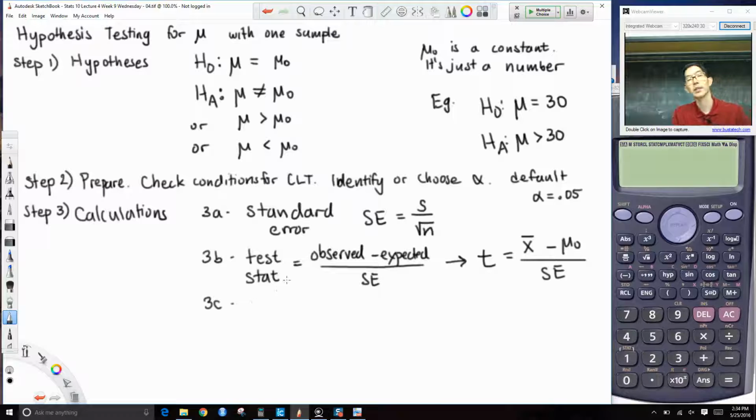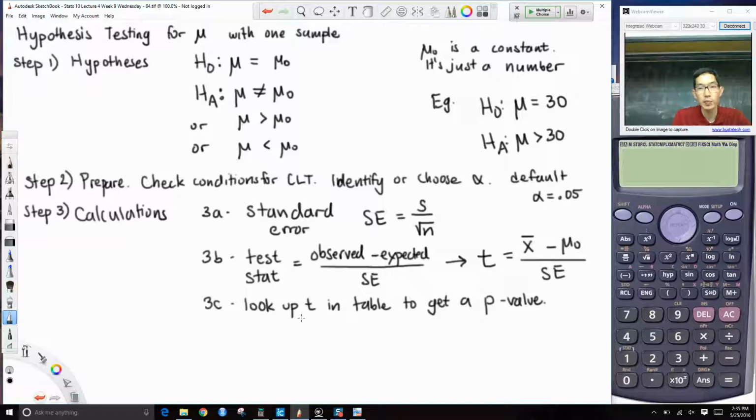And then finally, once you have your test statistic, you would look up t in the table to get a p-value. This part has changed. The use of the t-table is pretty different from using the z-table, so I'll devote the next couple slides to using the t-table.